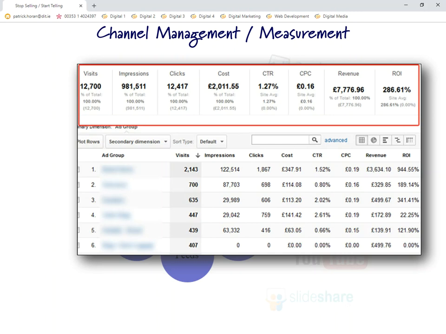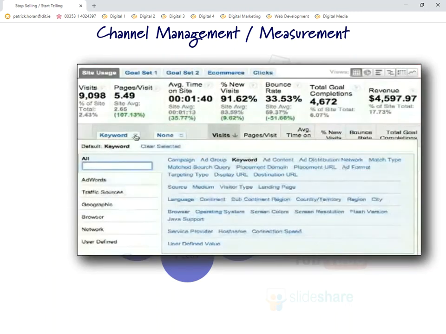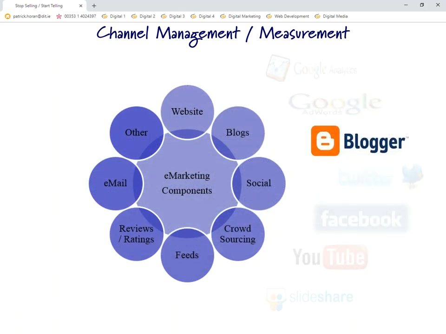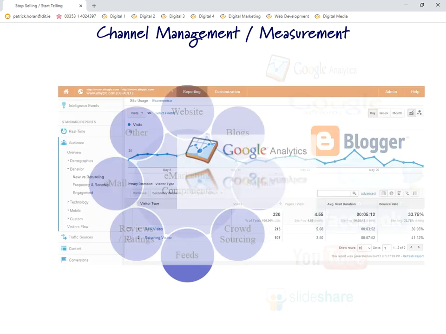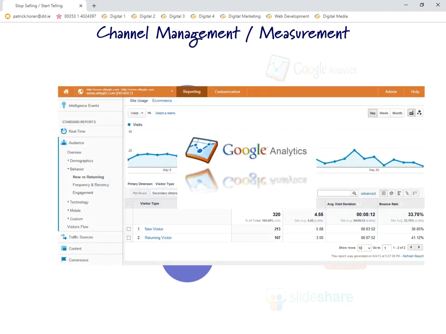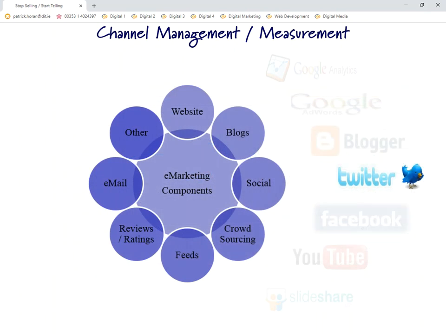You can see the conversion rate or the click-through rate, so you can see how well your actual ad is working for you, and you can tweak things and improve them based on these. There are lots of really useful things in there. When you're looking at Blogger or Tumblr or any of these blogs, you can also see the metrics, and again, they can use Google Analytics to figure out what's going on and people's level of engagement and how they're dealing with it.